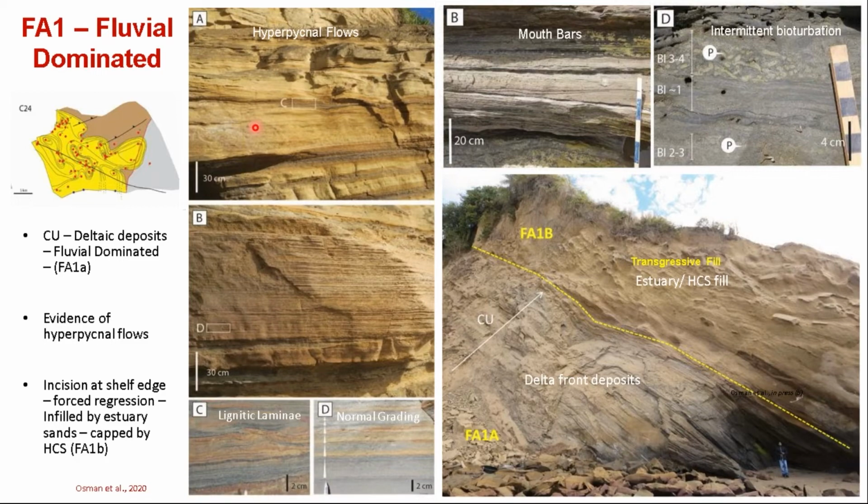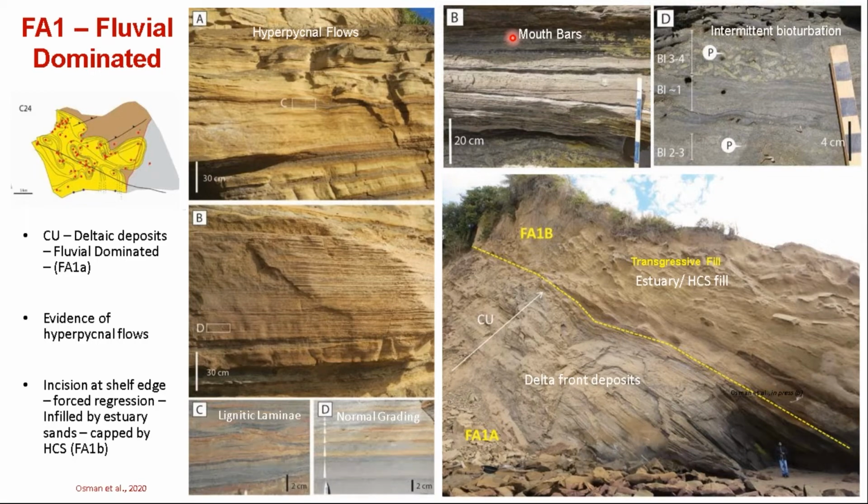We see the preservation of hyperpycnal flows represented by really planar lamination or beds with reverse and normal grading, as seen in figure D. You also see the preservation of lots of lignitic material, as well as the development of mouth bars. Also, you see periods of intermittent bioturbation.